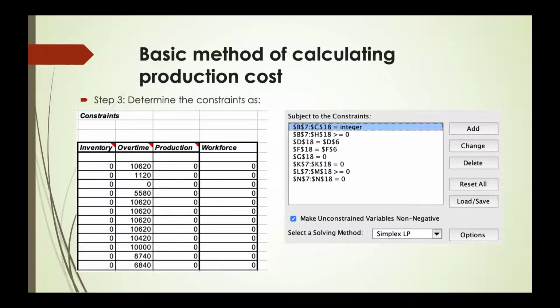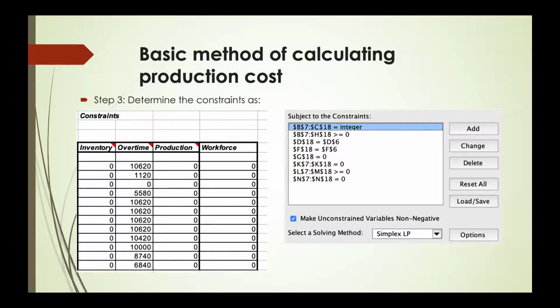Inventory balance constraints means that inventory of last month plus production of this month plus stock out of this month are equal to demand of this month plus stock out of last month plus inventory of this month. Overtime limit constraints means that the monthly overtime hours cannot exceed the maximum overtime hours.